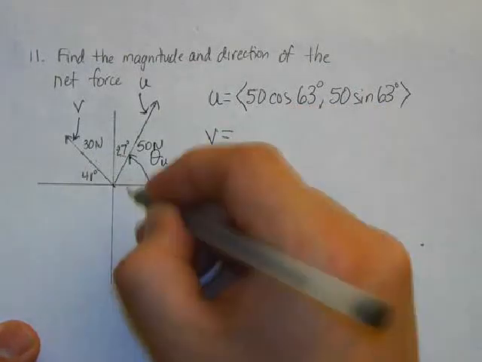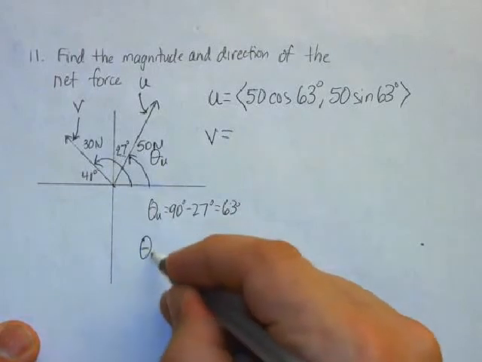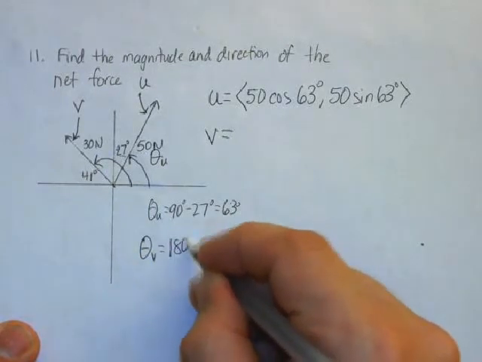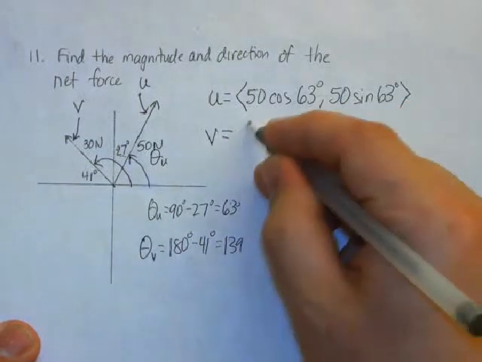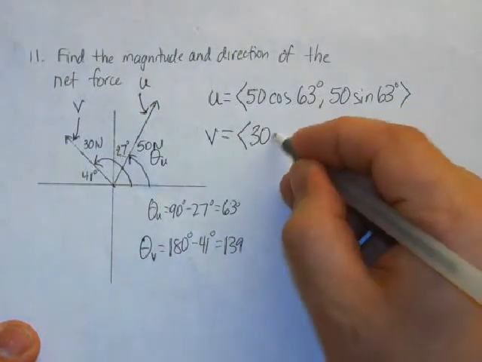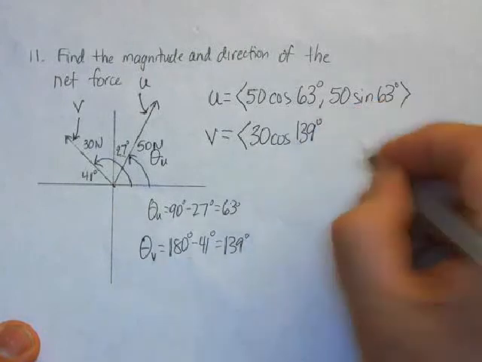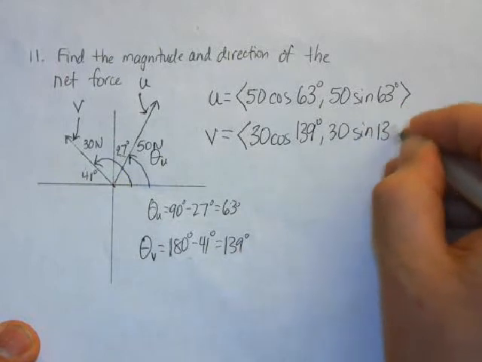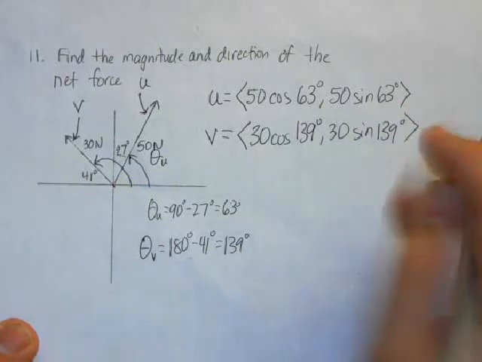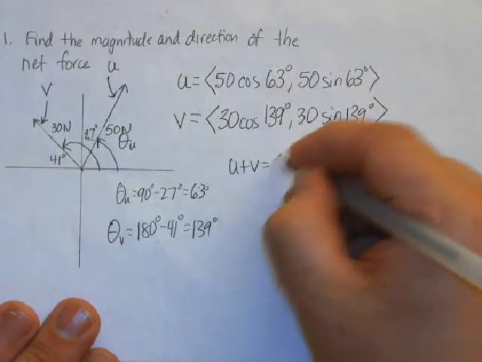Then for v, I'm looking for that angle right there, which is 180 degrees minus 41, or 139. So now we'll find u plus v.